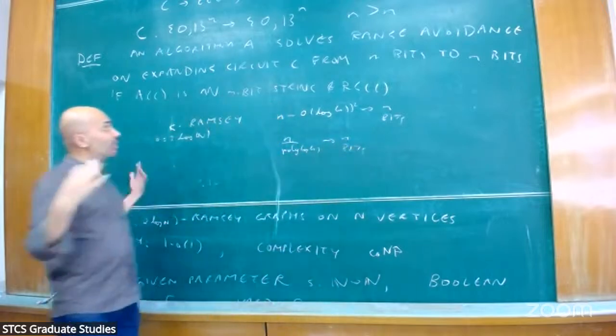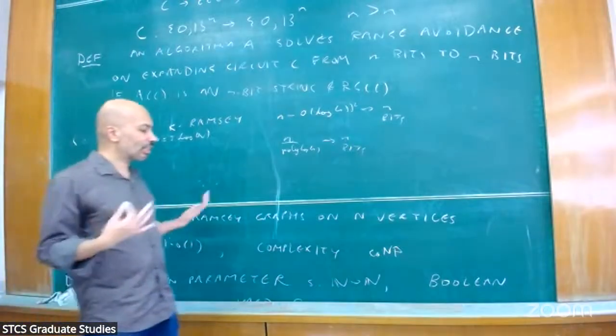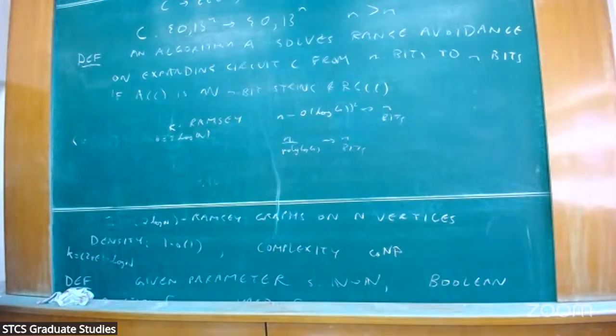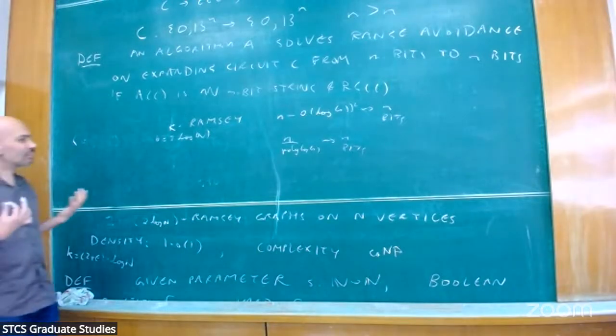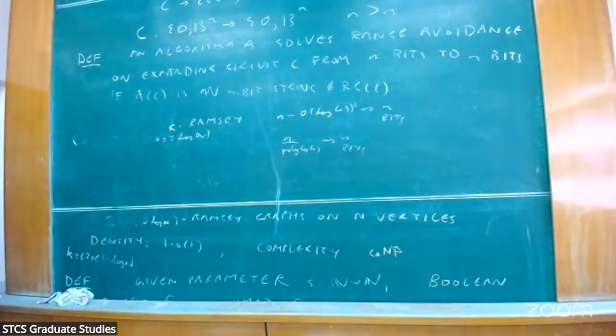And the stretch would be even more with the hard Boolean function example, especially if you consider smaller circuit sizes like 2 to the 0.9n. So in that sense, the hard Boolean function example is intuitively an easier case of range avoidance. It has a much bigger stretch.